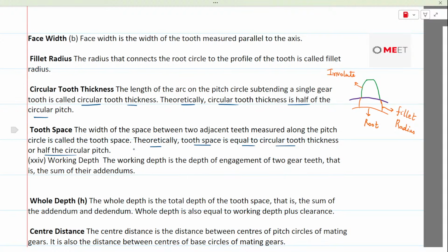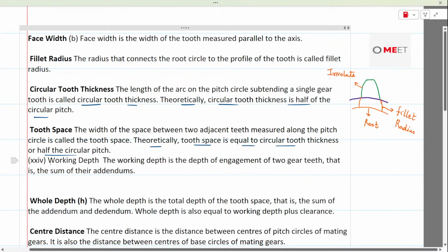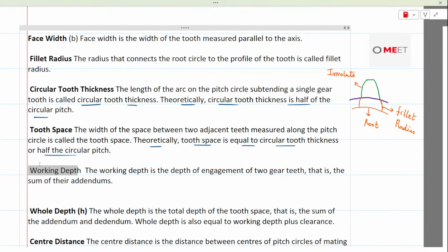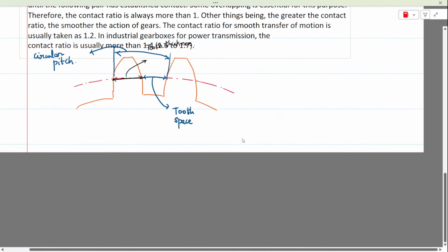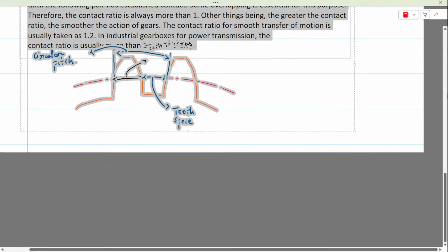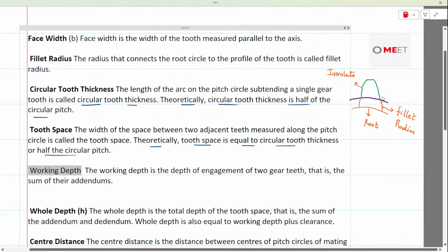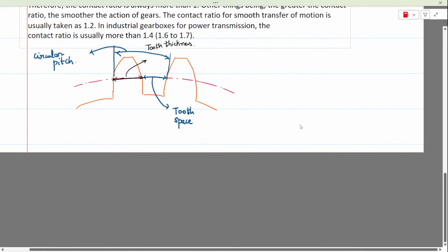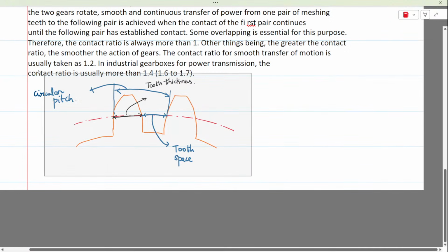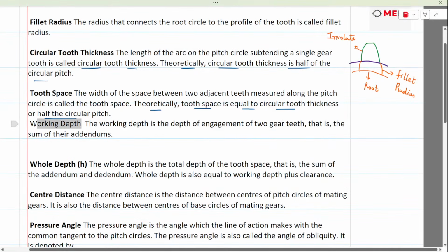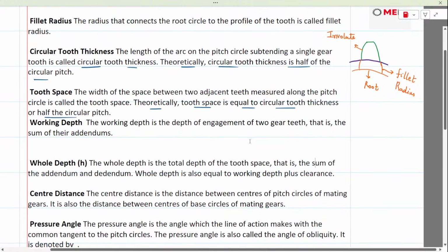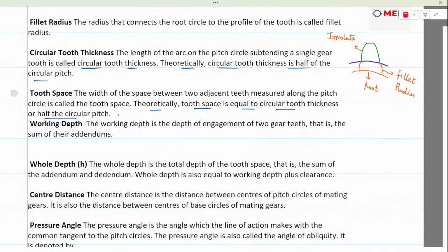So remember that we could write a formula for this, a simple mathematical equation. Now, tooth space or circular pitch, I will write it later.